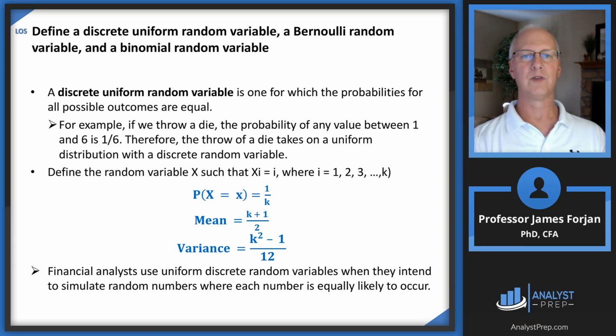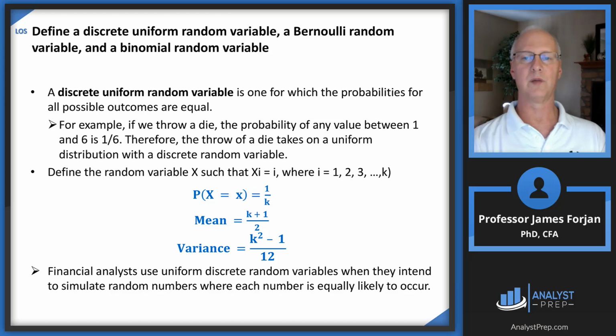How about a discrete uniform random variable? And this is one for which the probabilities of all possible outcomes are equal. And this is why we put the roll of the dice at the beginning example, because we know from our previous discussion that that has a 16.7% chance of taking on any of the 6 values. Now let's go ahead and define this. The probability then is going to be 1 over k, right? So that was 1 over 6.